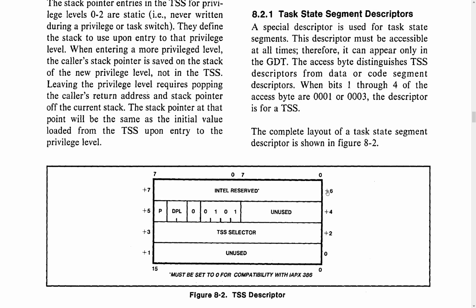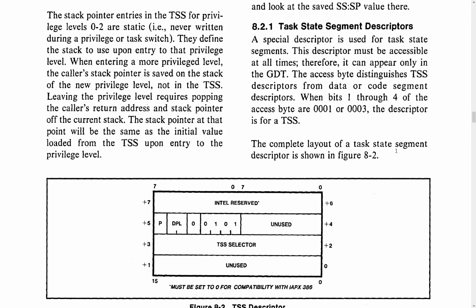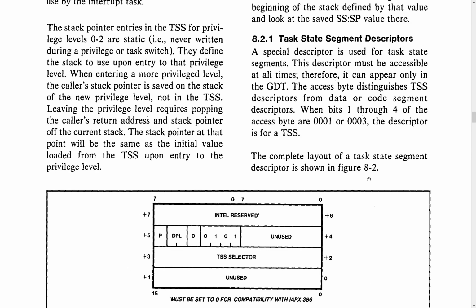So many people used to write some notes in the books even when there were mistakes in the books. We should therefore ignore this figure, which is wrong. This is a task gate, not a TSS descriptor. We should use this information.